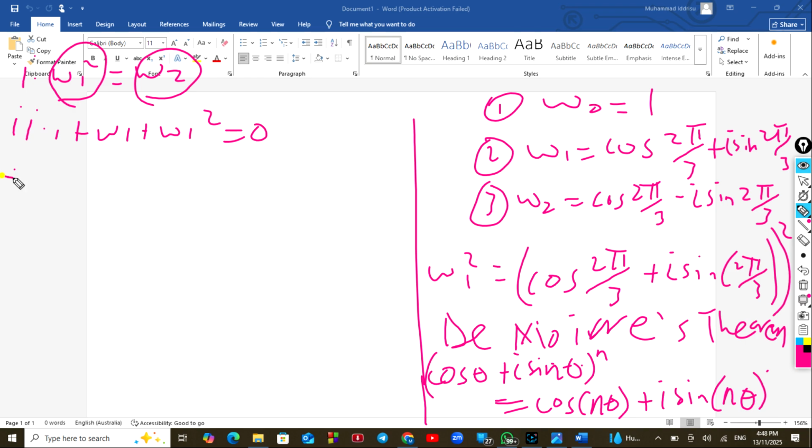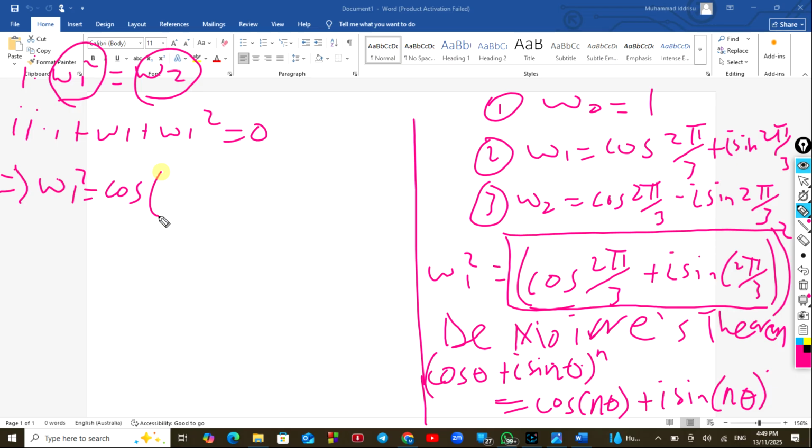So apply the same theorem here. This means that our W1 square, we are applying De Moivre's theorem to this, will be equal to cos of 2 times 2 pi over 3, where the 2 is the square we are seeing here. So the 2 is now our n.